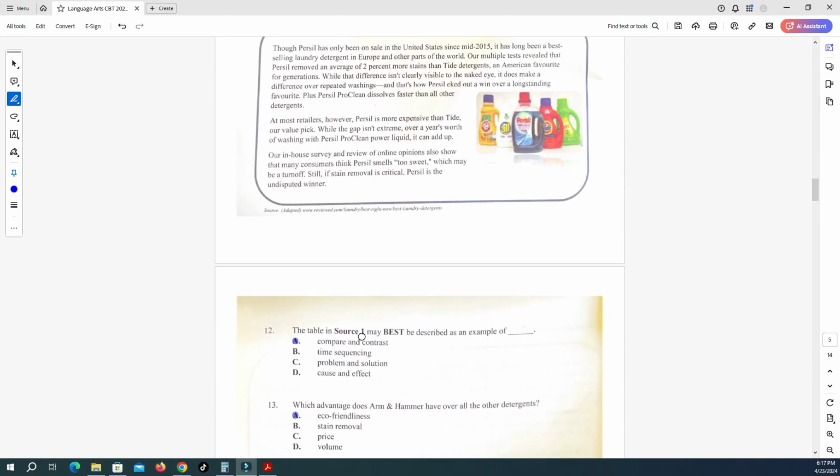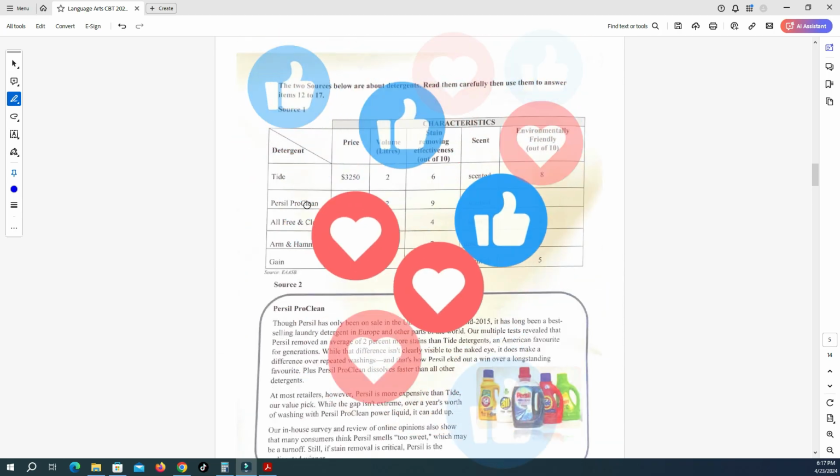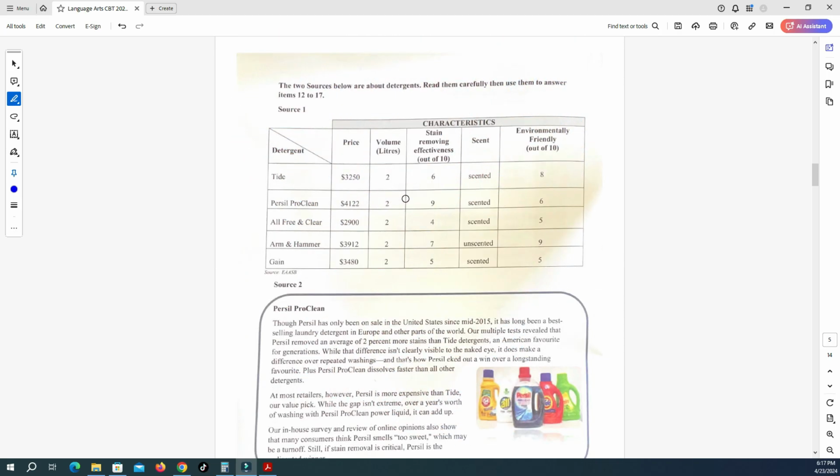It says the table in source 1 may best be described as an example of what? I chose compare and contrast, as it's really comparing the different detergents and the contrast in prices, how many liters that you need to use to wash, how effective it is for removing stains, if it's scented or unscented, and if it's environmentally friendly.